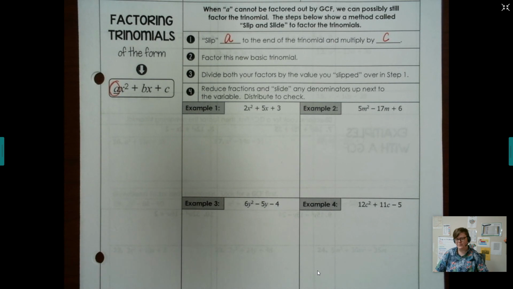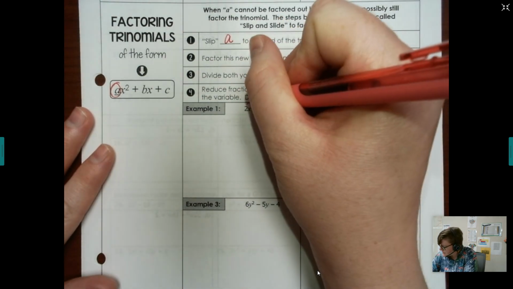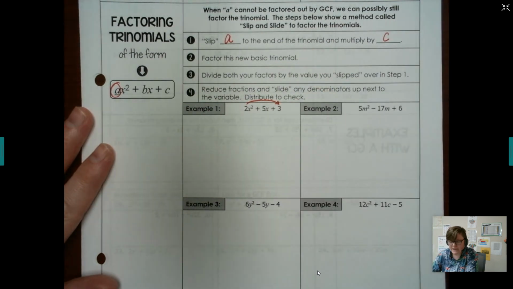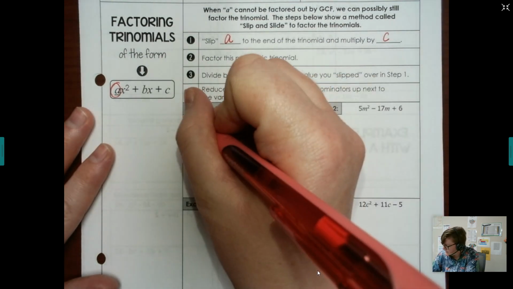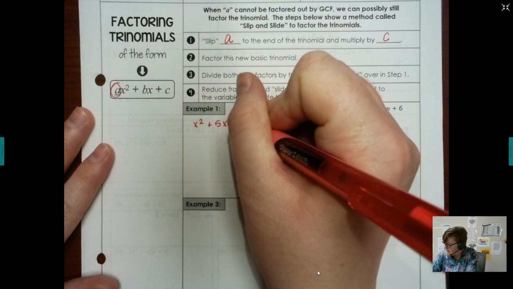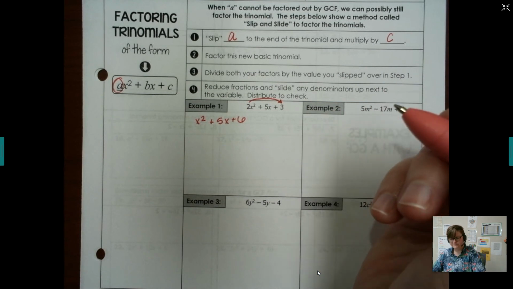I will walk you through it now, because if someone just told me that and didn't walk me through it, I'd be like, nope. So first thing, you take your a and bring it over and multiply it by that 3. So now you're factoring x squared plus 5x plus 6, which is an easier one to factor, right?